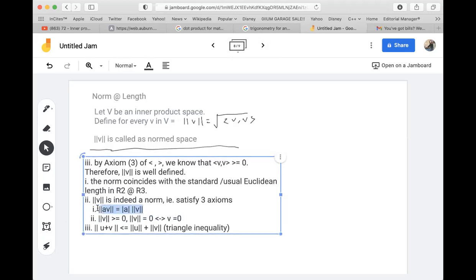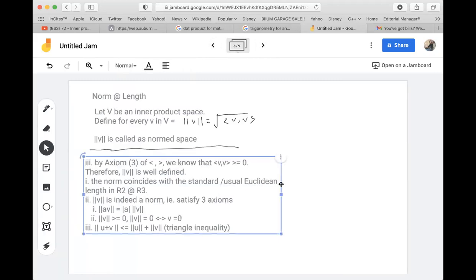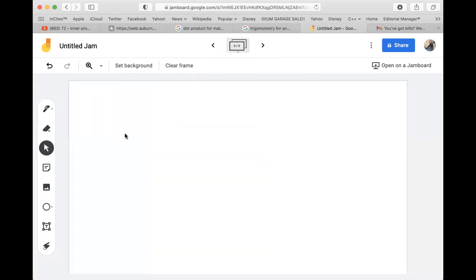Let me copy this one and bring it here. We have the norm of A with vector V, and this is equivalent to the modulus of A multiplied by the norm of V. How are we going to prove this?